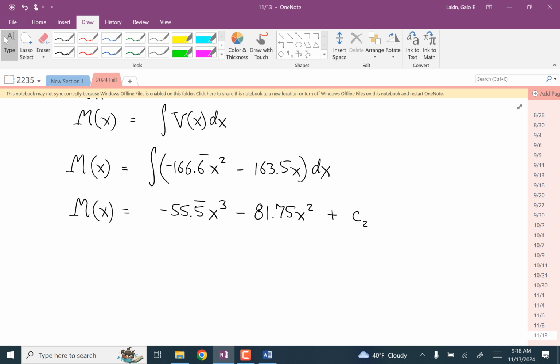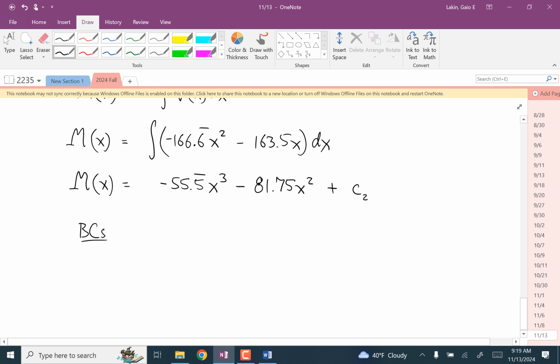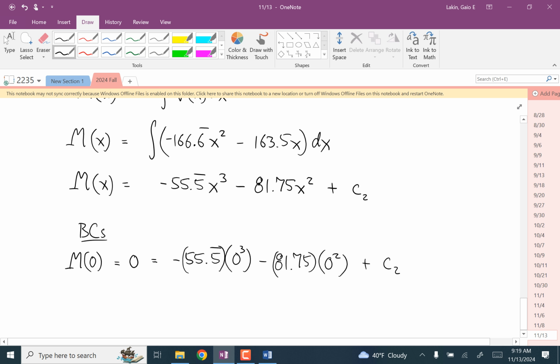And now we have to use the boundary conditions again. Because there's no point couple at the left end, we know that at x equals 0, M is equal to 0. So M at x equals 0 is equal to 0, and that's equal to negative 55.5 repeating times 0 cubed minus 81.75 times 0 squared plus c2.